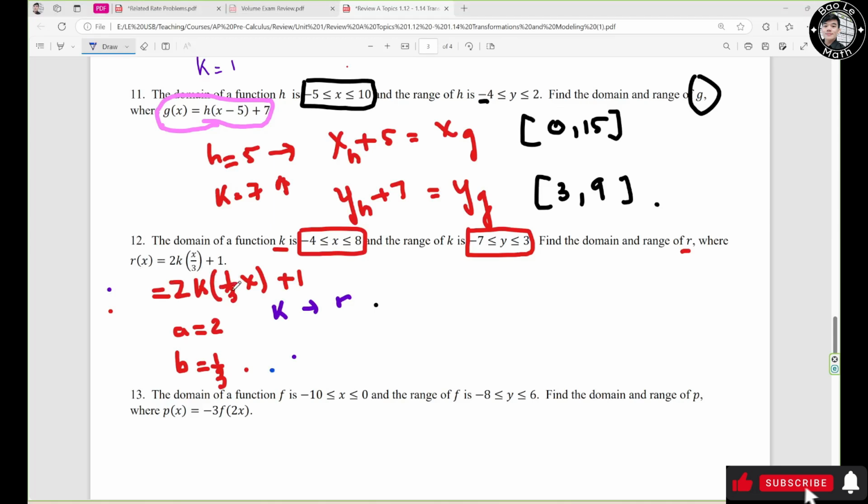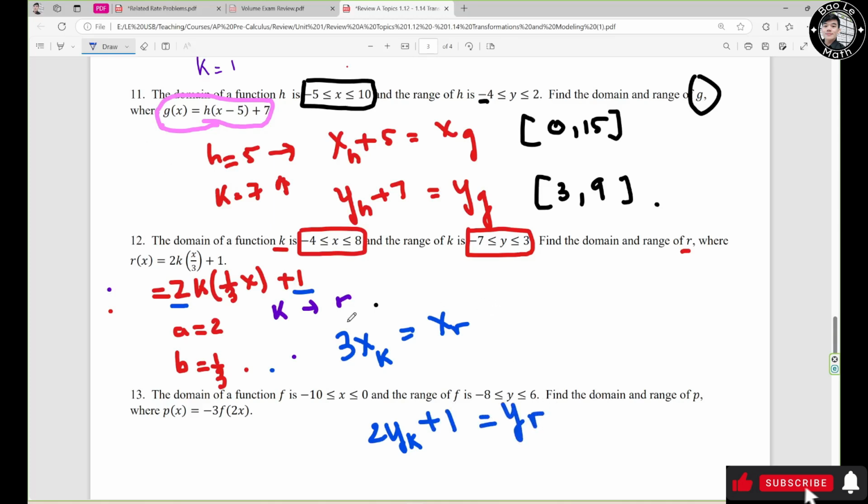Alright, so this is 1/3, right? It's going to be 3, right? So I have 3 sk equals sr, right? And we have the vertical dilation right here and vertical translation right here, right? So it's going to be 2yk plus 1 equals yr, right?